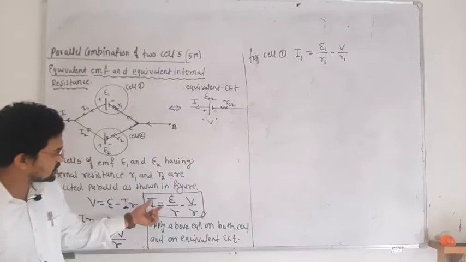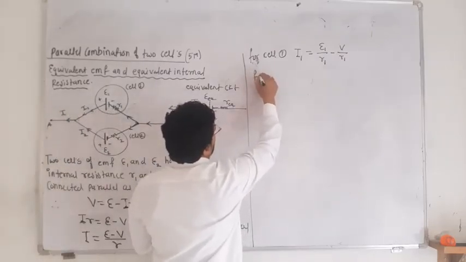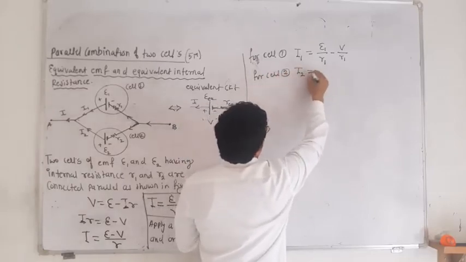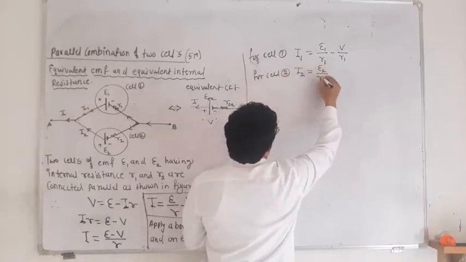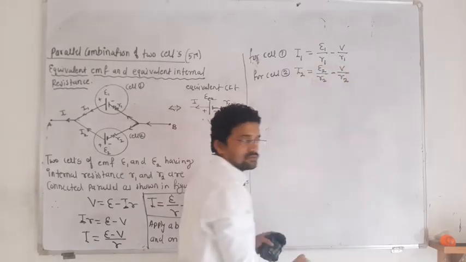For cell 2, I2 is equal to E2 divided by R2 minus V divided by R2. Correct.